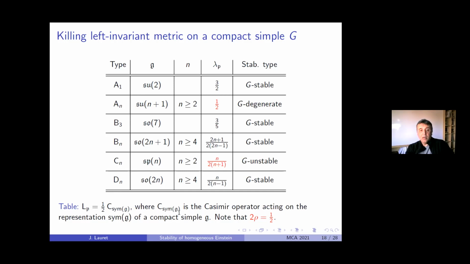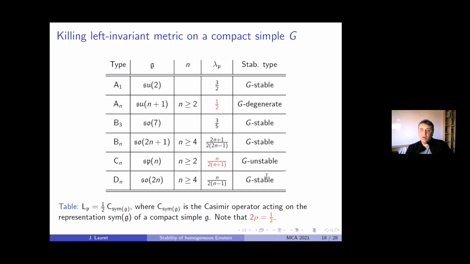It's not irreducible. It has three or four irreducible summands, but on each summand the Casimir operator is a multiple of the identity. So it is easy to get what lambda_p is, and then you get more or less for free the stability type of this very natural metric on a compact simple Lie group. You get this: it's always G-stable, because these are all symmetric spaces.